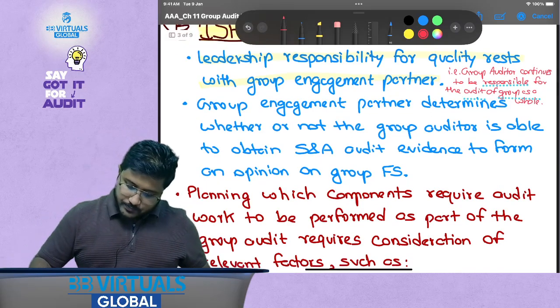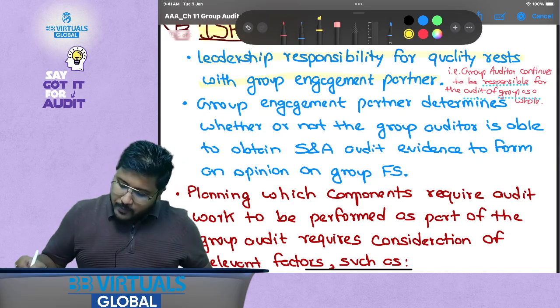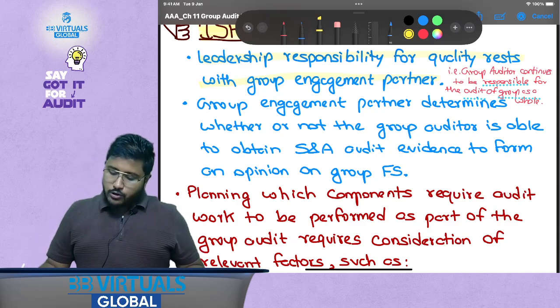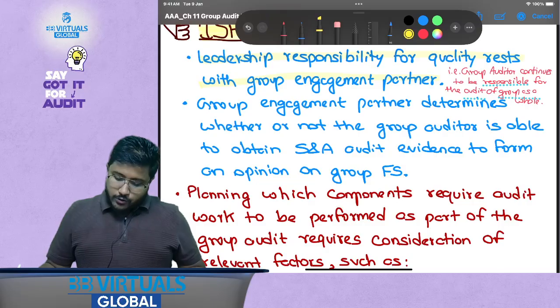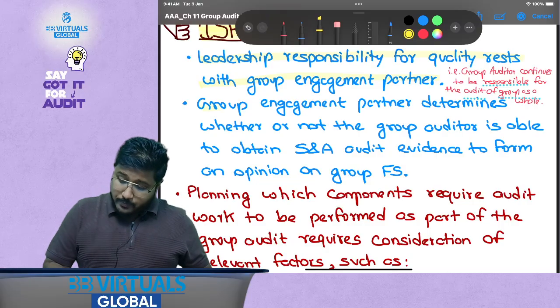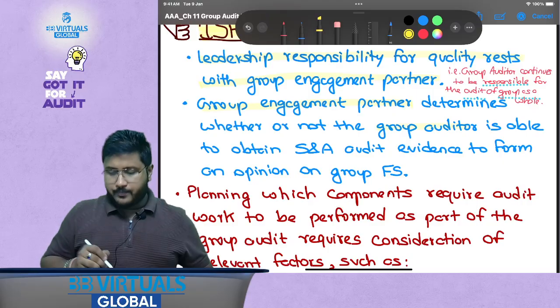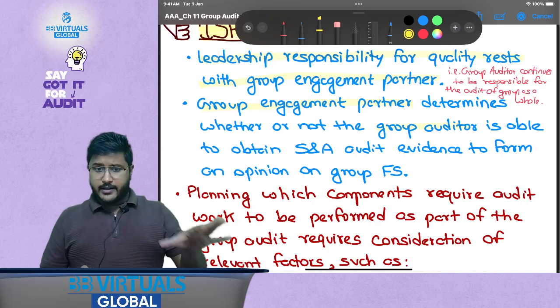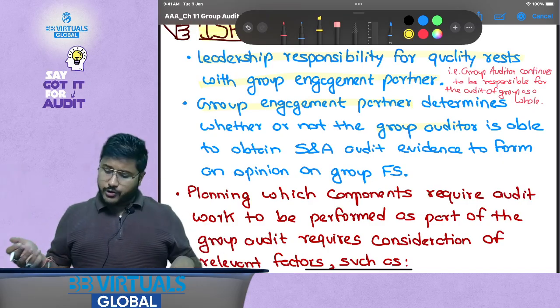Okay. Now, second point. The group engagement partner determines whether or not the group auditor is able to obtain sufficient and appropriate audit evidence to form an opinion on the group FS. Here the group auditor includes everybody: the engagement team, the other auditors if it is a joint audit, everything.